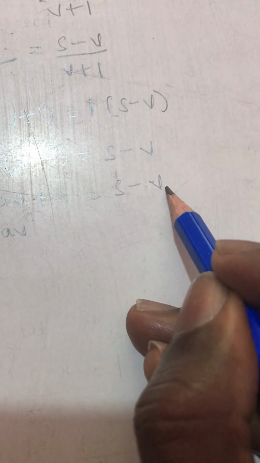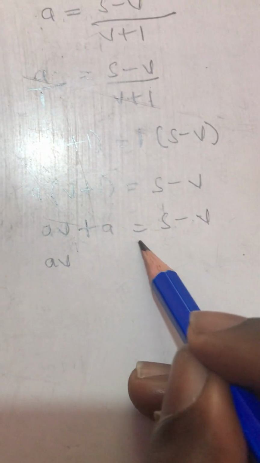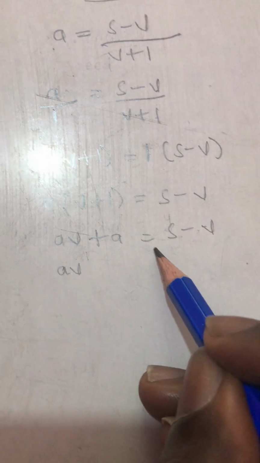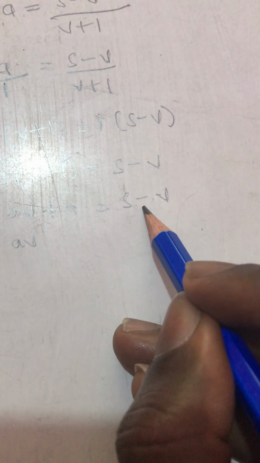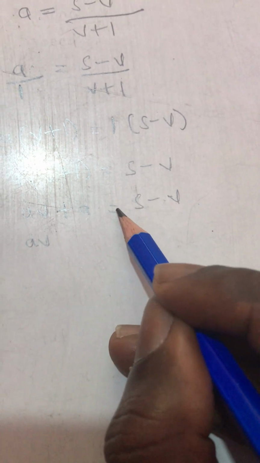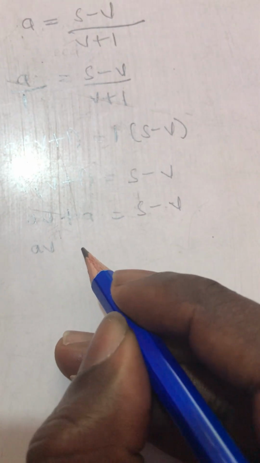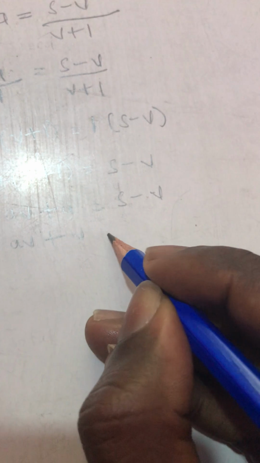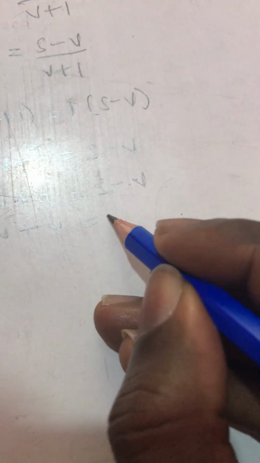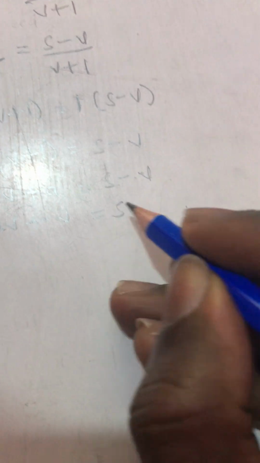And when this negative v crosses the equal to sign here, it will change its form to become a positive number. So it will become a positive v. So we have av plus v, right, equals, we maintain s, positive s, right?